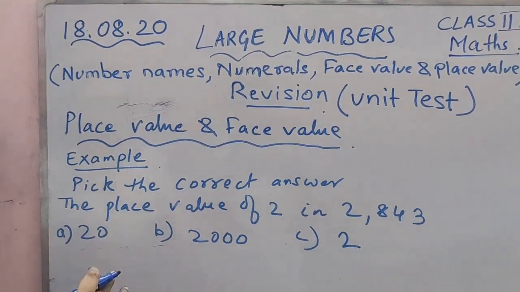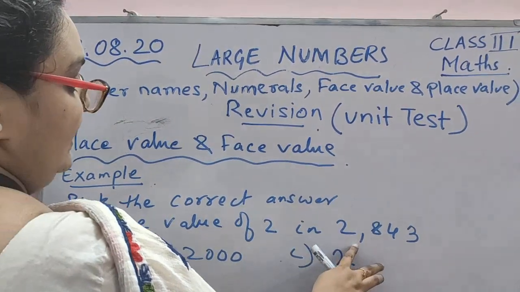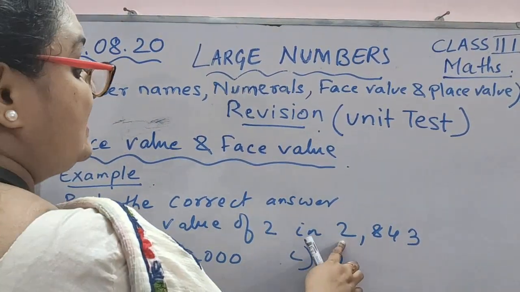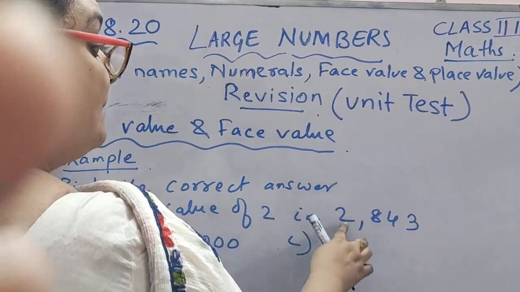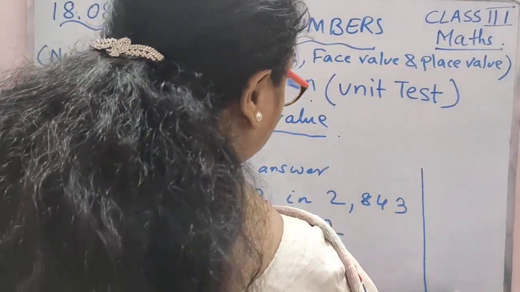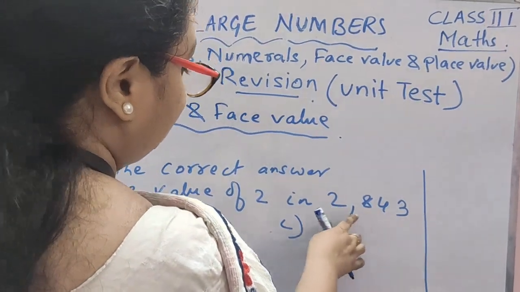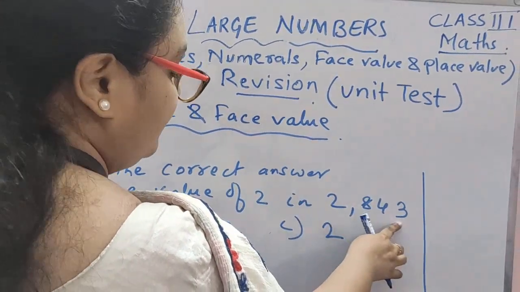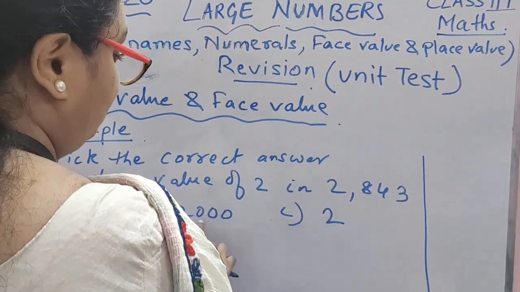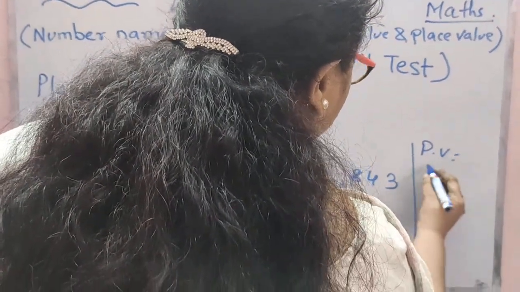So this is your question and you have to find the place value of 2 in this numeral. So as we know that the place value is the value due to its position, due to its place. Okay. So what you will do in the rough column, where the 2 is, can you see? It's not in the ones place, not in the tens place, not in the hundred place. It's in the thousands place. So this is your. But when you see the place value, when you will find what is the place value formula?